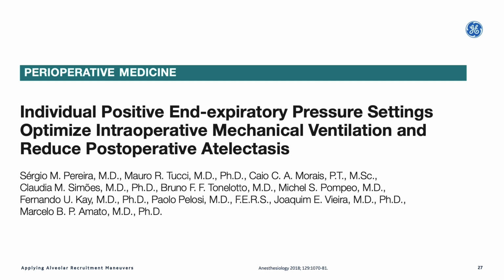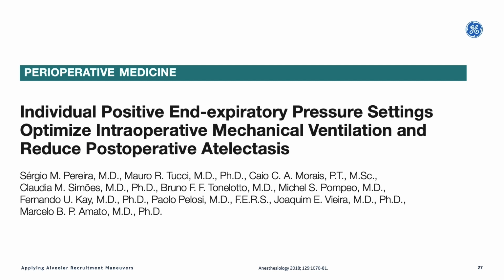In this study by Pereira and others, the investigators used electrical impedance tomography, or EIT, as a way to measure the amount of atelectasis present in patients during anesthesia and surgery. Electrical impedance tomography is a technique whereby small electrical currents are used to image the chest, much like a CT scan does, but without the use of ionizing radiation.